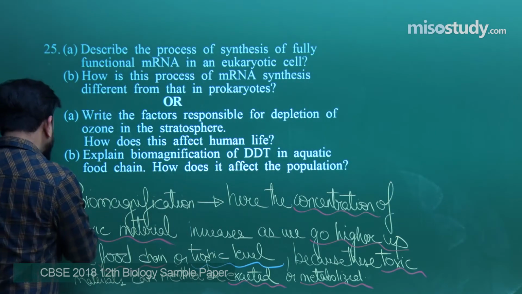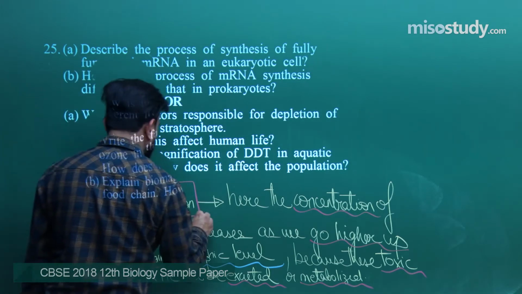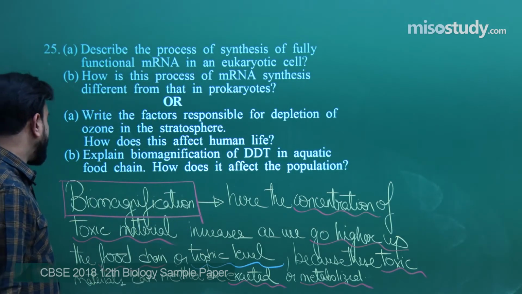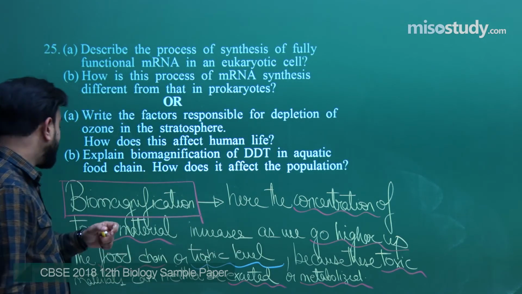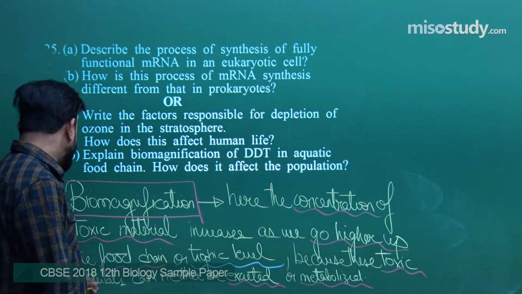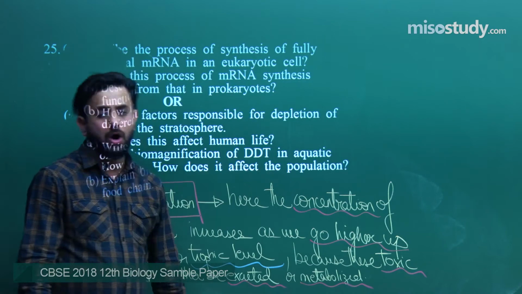So biomagnification is a process where the concentration of toxic material increases as we go higher up the food chain or trophic level, because these toxic materials can neither be excreted nor metabolized.